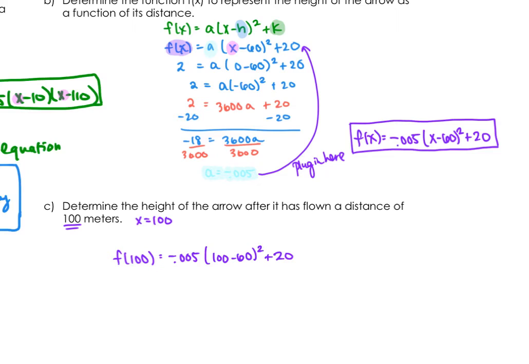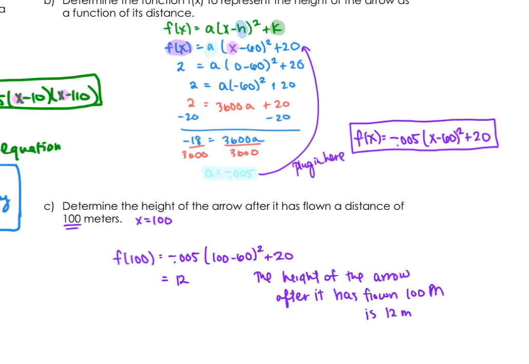If you put that in your calculator, you should get 12. So the height of the arrow after it has flown 100 meters is 12 meters.